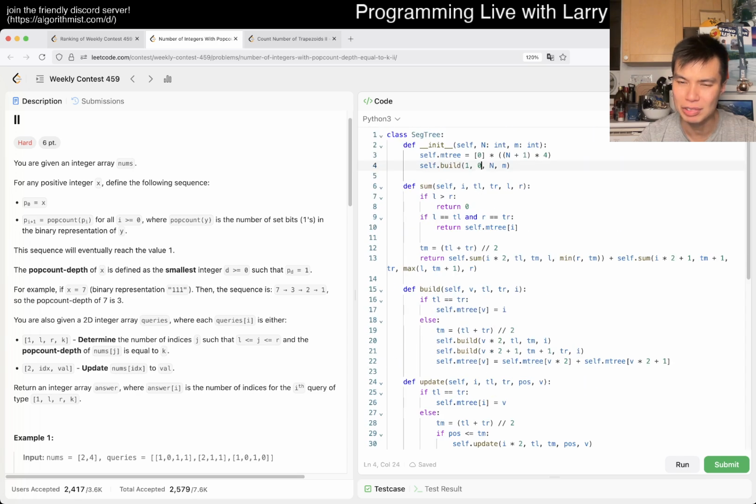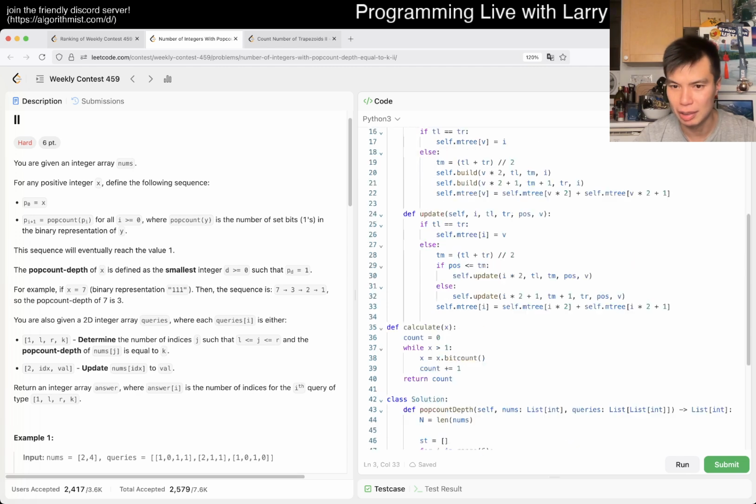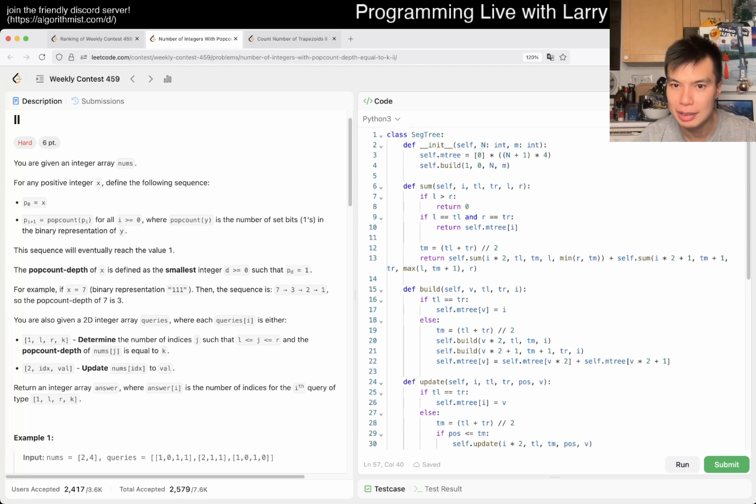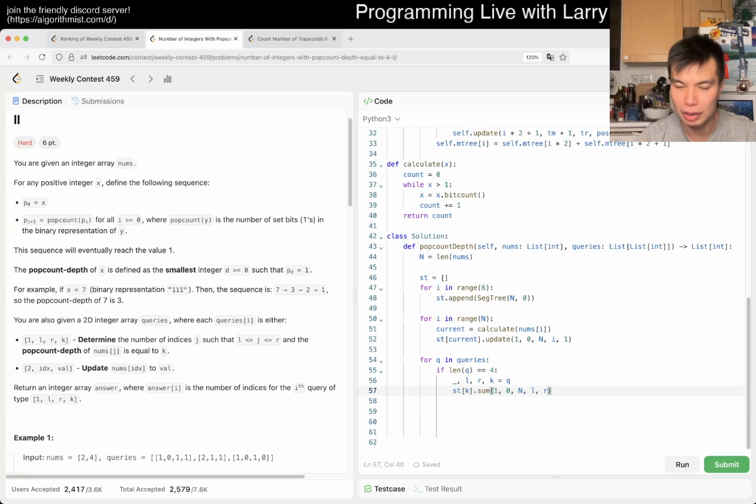I don't know why I have 0 to n, it doesn't make sense, but oh, because it goes n plus 1. I really should document my template. I forgot how to use it. Okay, but anyway, we want to go from l to r, right? Is that the right syntax? I think so.